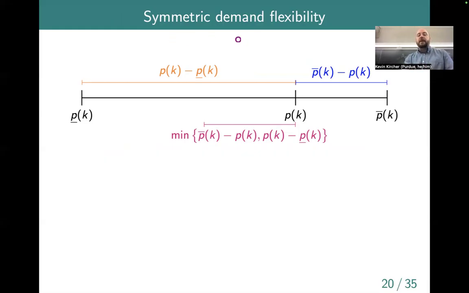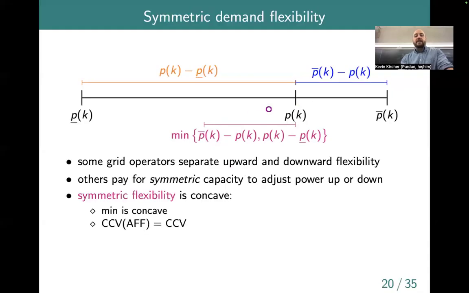Symmetric demand flexibility is the minimum of your upward flexibility, moving from our nominal power P to our power limit, or the downward flexibility, moving from our nominal power to our lower limit. So take the smaller of those two. In this illustration, it is the upper limit, and so that sets the minimum that shows up here.